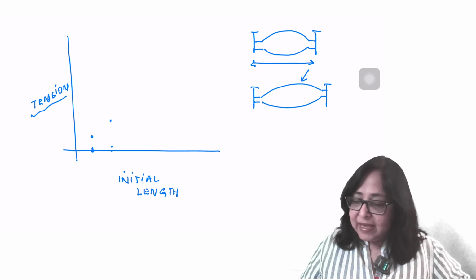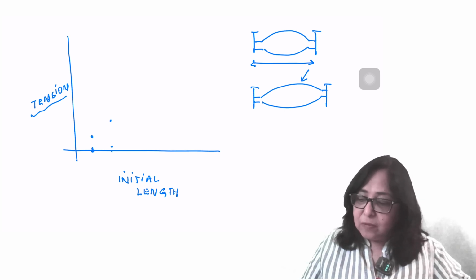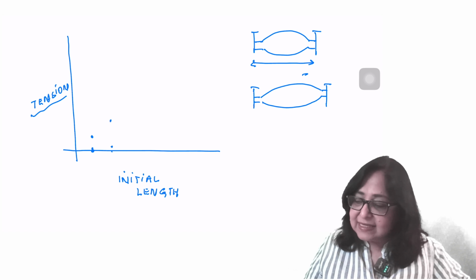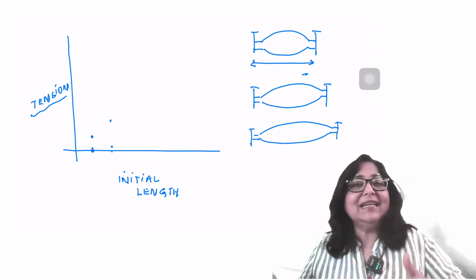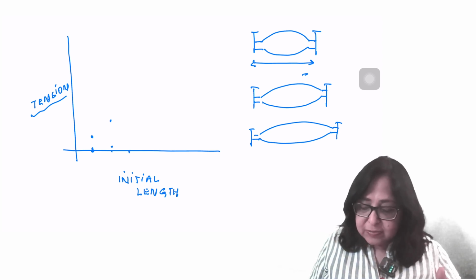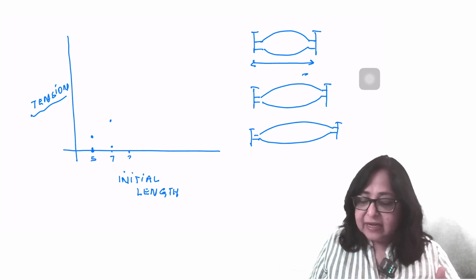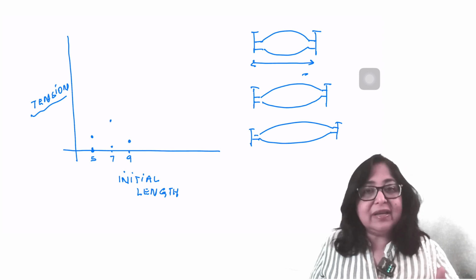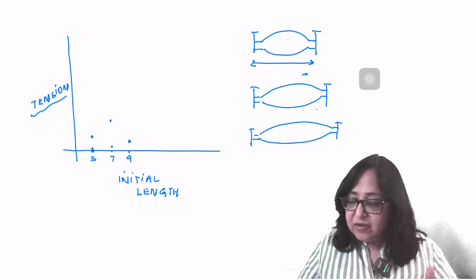Right? Again, we stop giving a stimulus to the muscle. The muscle relaxes. Now we again stretch the muscle and increase the initial length. Let's say we take it to 9 centimeters. So this was, let's say, 5, 7, 9. Because of the stretch, the tension generated is passive tension. We give a stimulus to the muscle.